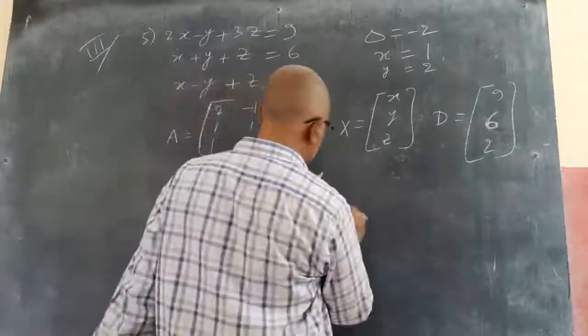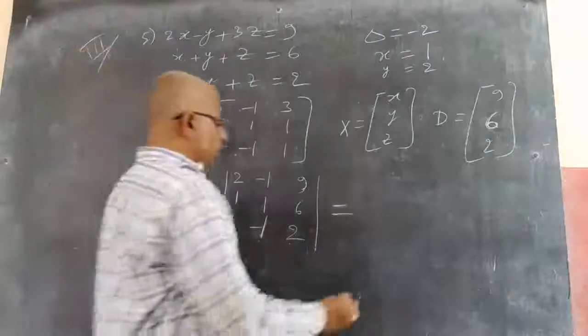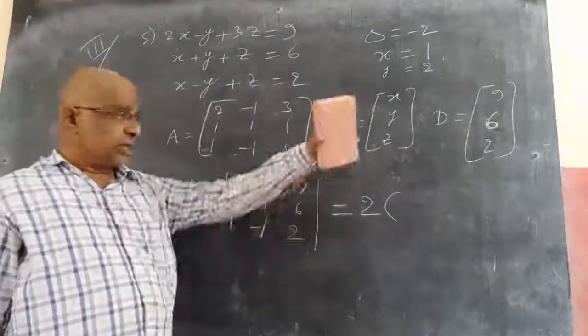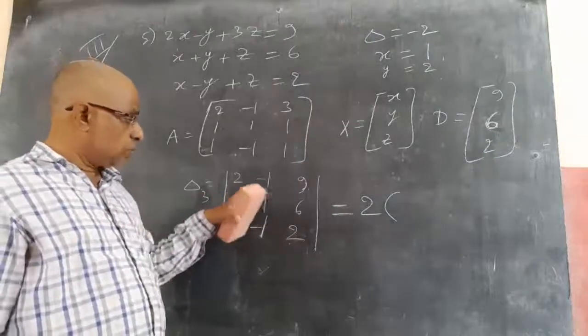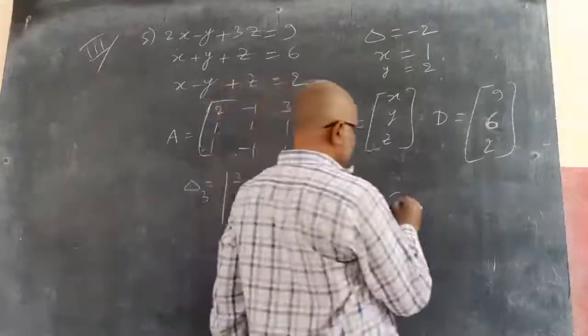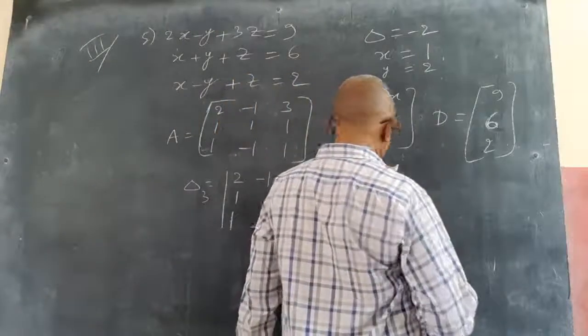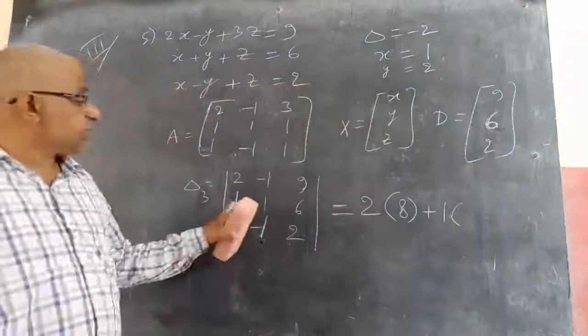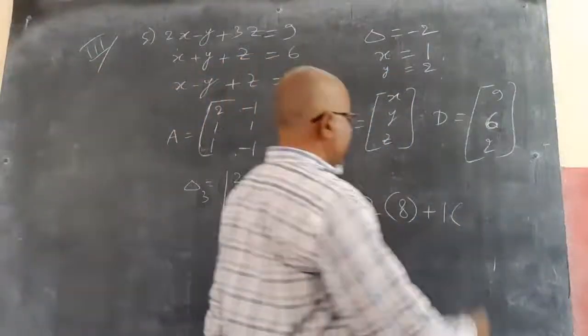Now this is equal to, as usual, I will take the first row, 2 into 2 minus of minus plus 6, 2 plus 6, 8. Minus of minus plus 1 into 2 minus 6, minus 4.